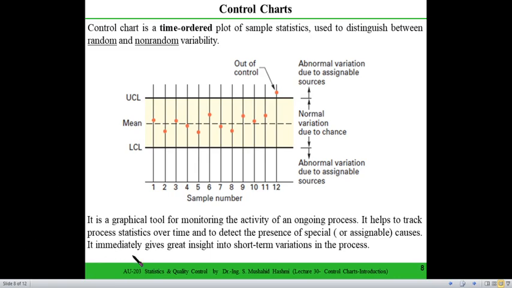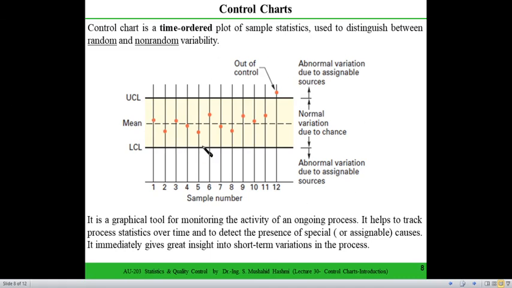It immediately gives great insight into short-term variations in the process as well, because it depends on how long after the first sample you take the second sample, and after how much time you take the third. If you take samples at shorter intervals, you have better resolution for predicting the variations.